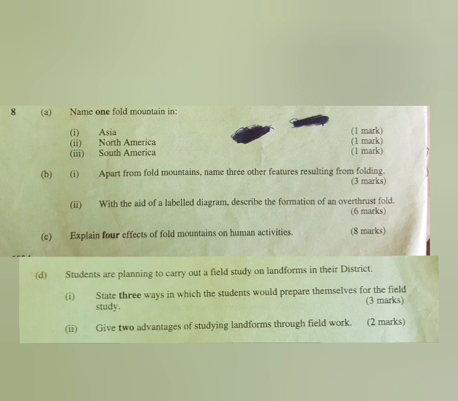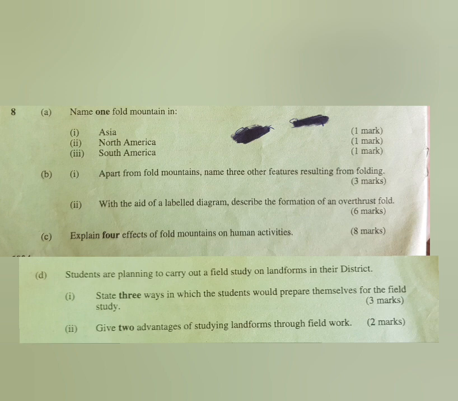Number 3, fold mountains act as barriers to transport and communication. Sometimes they can make construction of roads or even communication lines difficult or even expensive. The other one is that the windward slopes of fold mountains receive heavy precipitation, which enhances agricultural activities or even forestry.